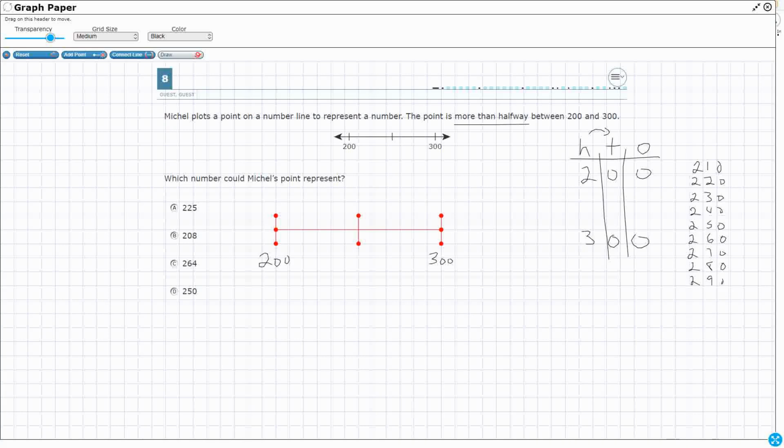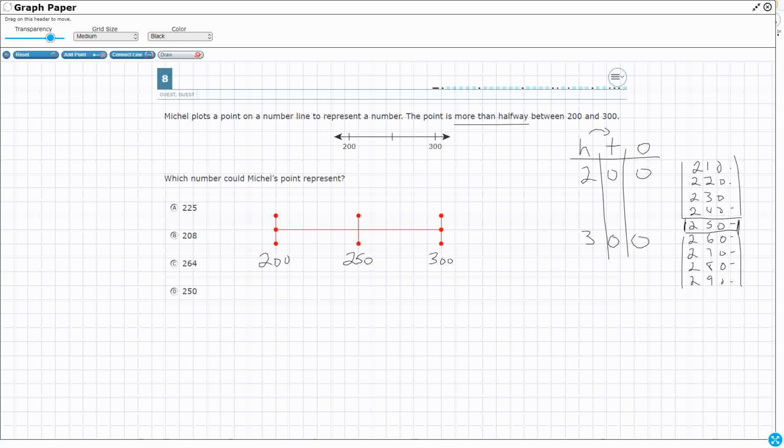What we're going to notice is if we count, we've got 1, 2, 3, 4, 5, 6, 7, 8, 9, right? So we've got those 4 go up, these 4 go down. If we want to look in the exact middle, right, in between is going to be that 250. So we can label this 250, right, as the halfway point.